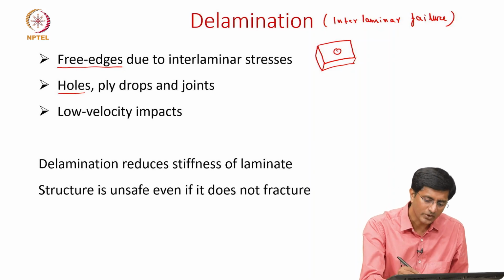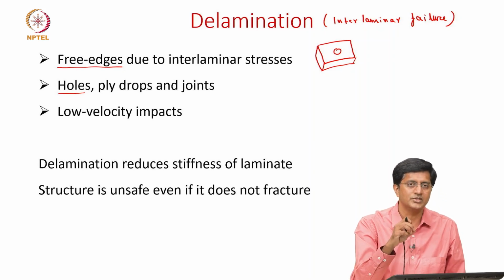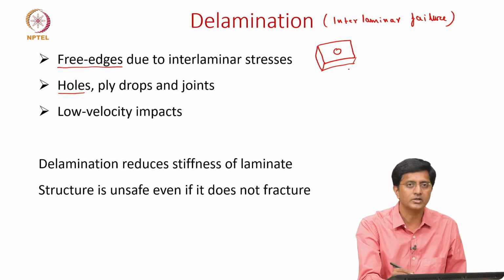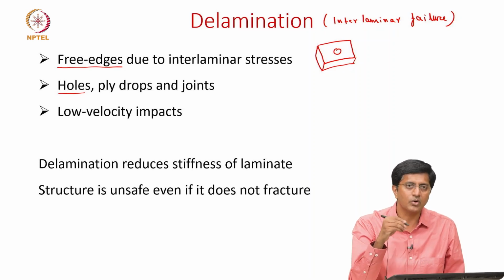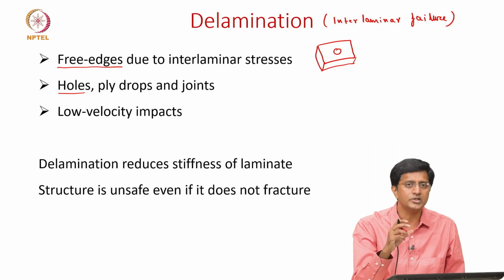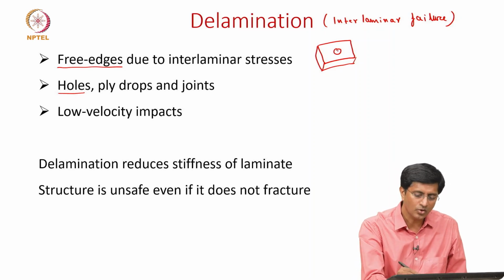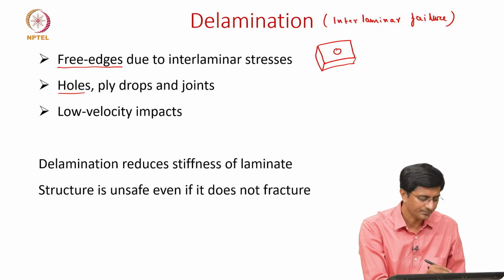Once you drill a hole, you again create a free edge, because the surface of the hole is exposed and now acts as a free edge. That is why close to the hole there is a good chance that again it has these free edge delaminations.